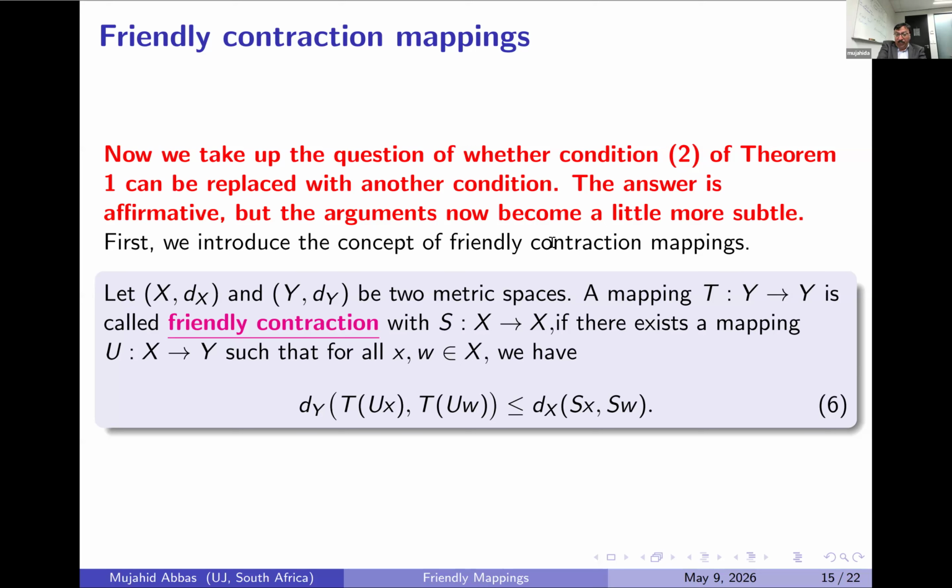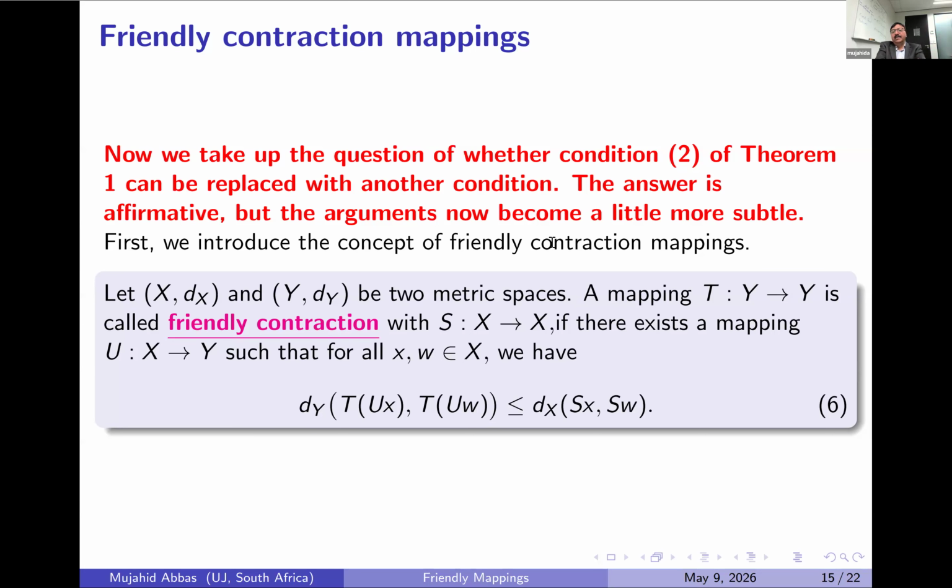So you can now see the mapping T is a friendly contraction with S if this condition is satisfied. When I share my slides, you can see the contraction mapping was: distance between Tx and Ty is less than or equal to, say, alpha times distance between x and y.